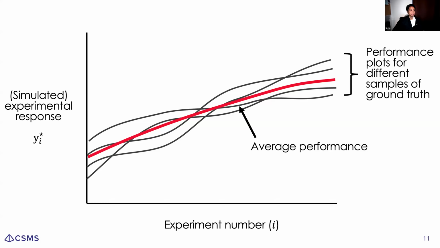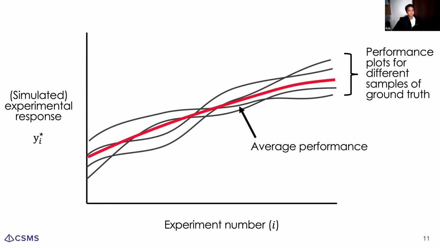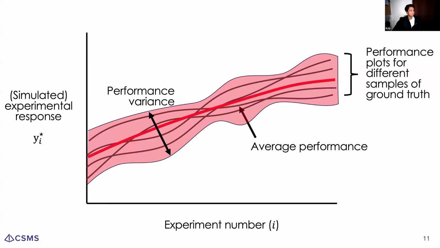Then you can estimate summary statistics: on average, I get this, and you could talk about variances for spread. That's the best we could hope for in the setting where we have lots of uncertainty in my response function. As Bayesians, we're characterizing not just a single performance plot, but a whole distribution of performance plots.